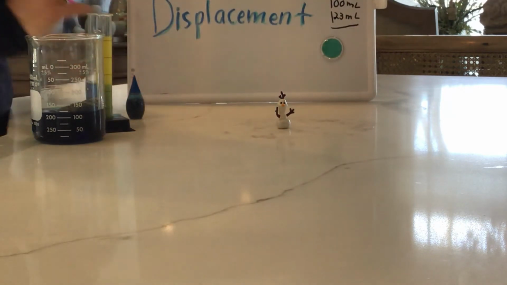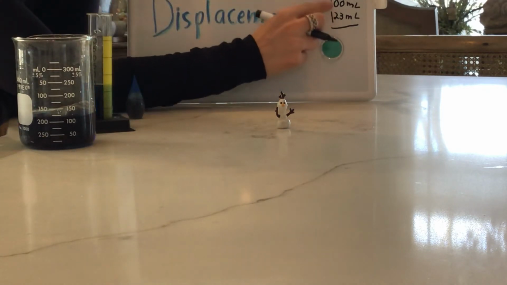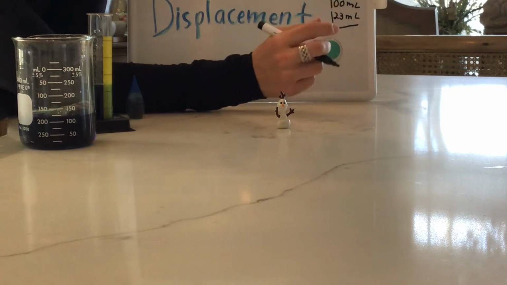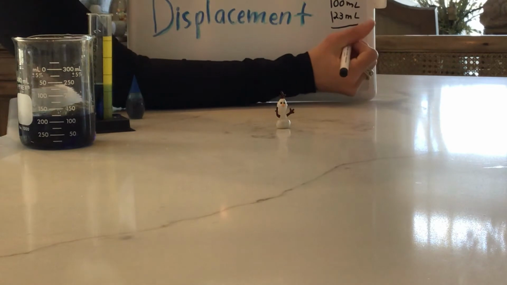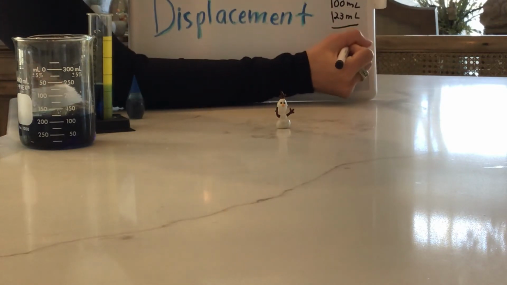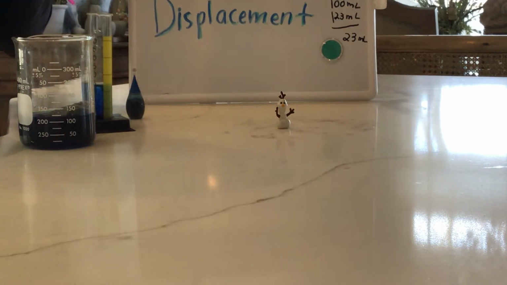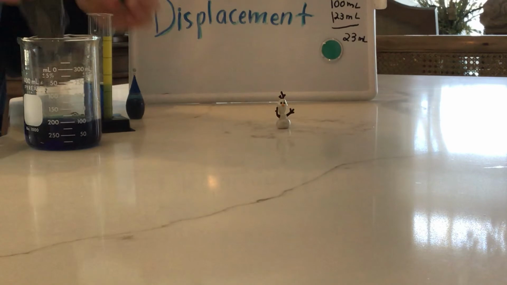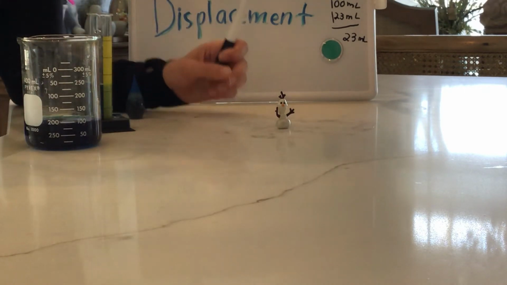So to find out how much space this rock takes up, all I have to do is find the difference between those two. So 123 minus 100, if I take 100 away, is just 23 milliliters, right? So this large irregular shaped rock is 23 milliliters.